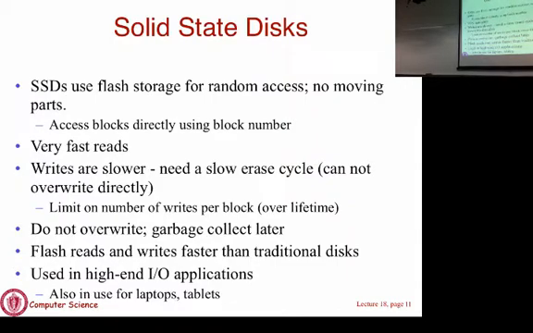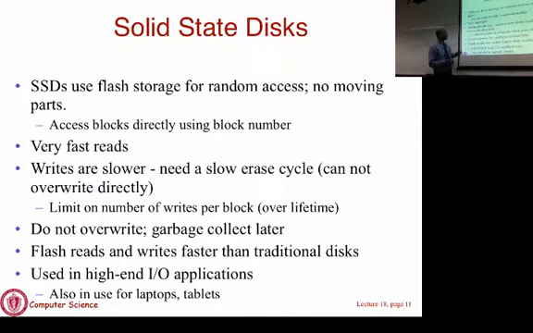You have to first zero it out, reset it, before you can write new data. So rewriting a block typically requires a reset of that block. You can do that in a magnetic disk, but not in a solid state disk. So writes are slower because they need a reset or an erase before you can do an overwrite.